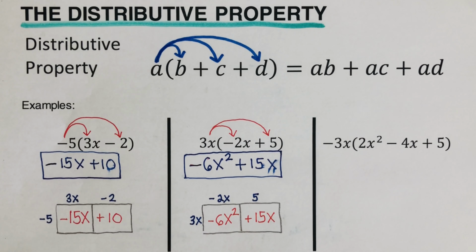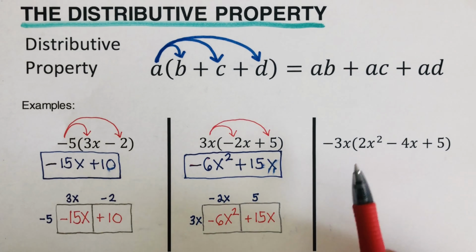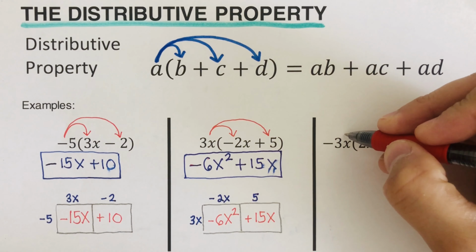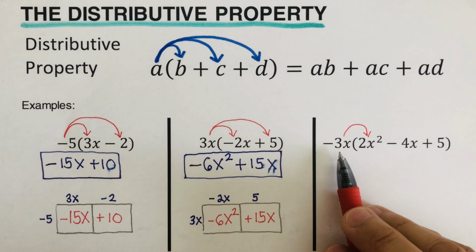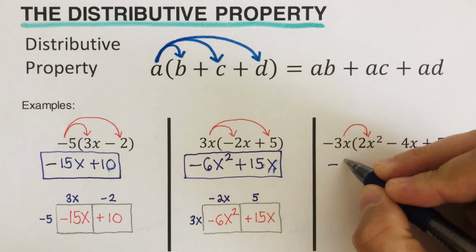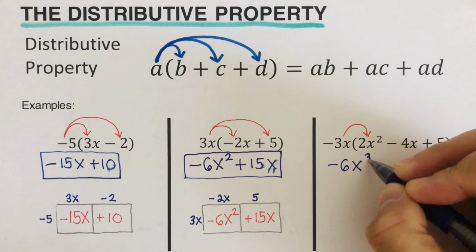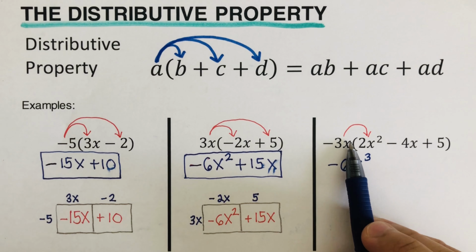Now let's move on to the third one here. This time around, we're involving 3 terms inside the parentheses. It's pretty much the same thing. We have to distribute the monomial to each of the terms inside the parentheses. So this would be -3x times 2x squared would be -6x cubed, because you have an x and 2 x's.